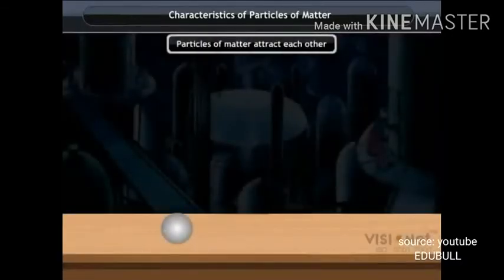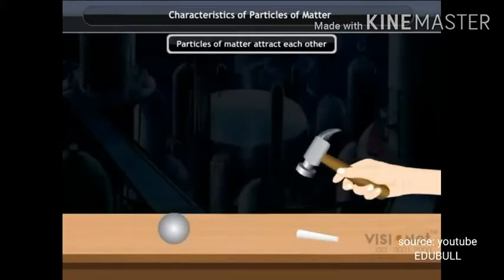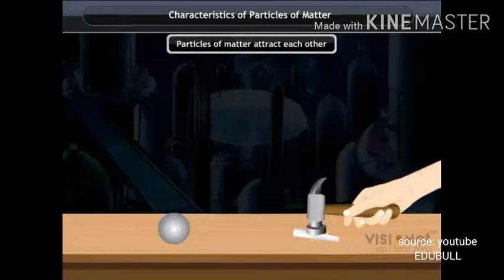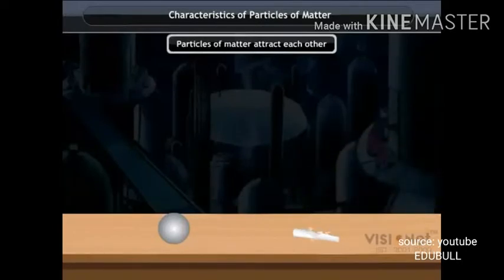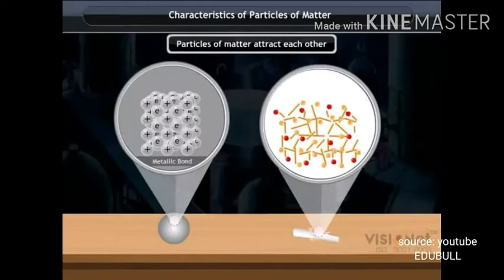Take an iron ball and a piece of chalk. Try to break the iron ball by hammering it. Repeat the process with the chalk piece. You will observe that the chalk piece breaks easily, but the iron ball does not break. This is because the forces of attraction between the chalk particles are lesser than between the iron particles.